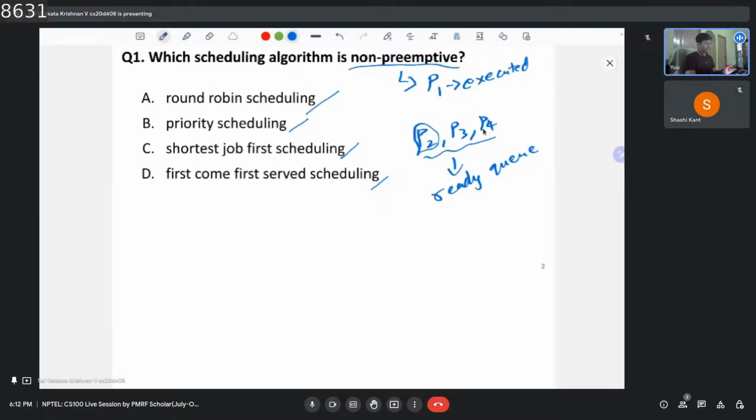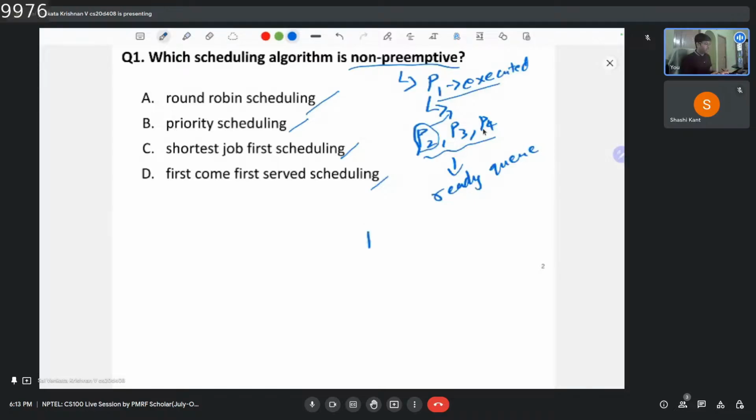In a non-preemptive CPU scheduling algorithm, since P1 is currently being executed, no other process, irrespective of its priority when compared to P1, can stop P1 and get the CPU execution time slot for it. So that's the meaning of non-preemptive.